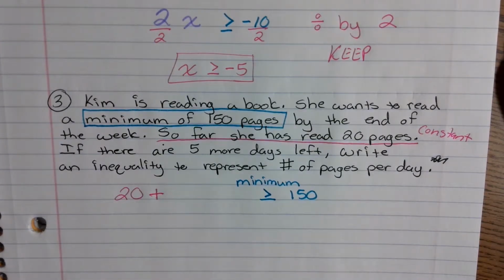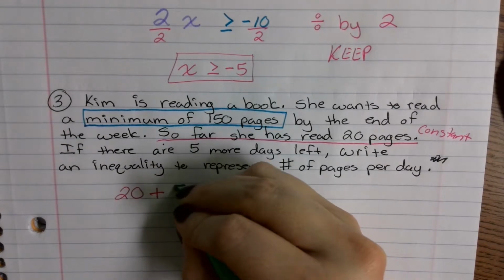So that leaves us with a coefficient and a variable. What's the coefficient? The 5, right? She needs to read a certain amount of pages every single day. She's only got 5 days left.